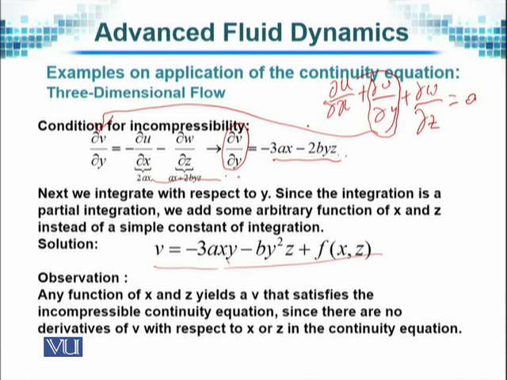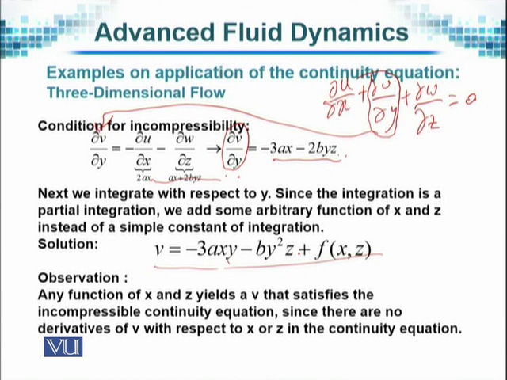The 2 and 2 cancel out, and we are left with b y squared z plus some constant of integration. The constant of integration can be kept as some function that depends not on y, but on the other variables occurring here, x and z, possibly.